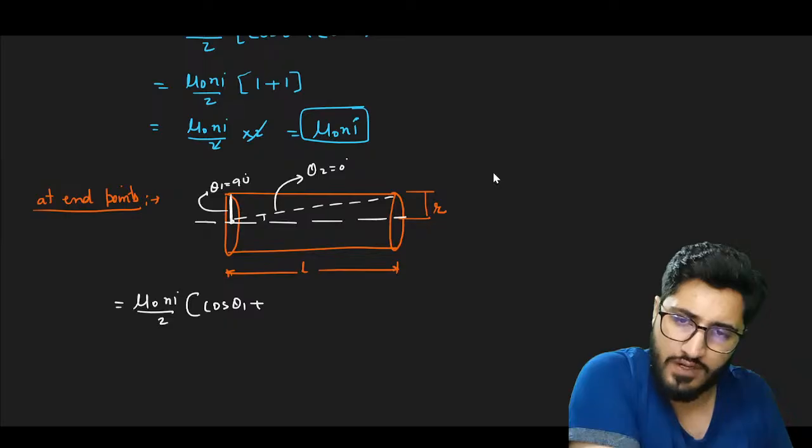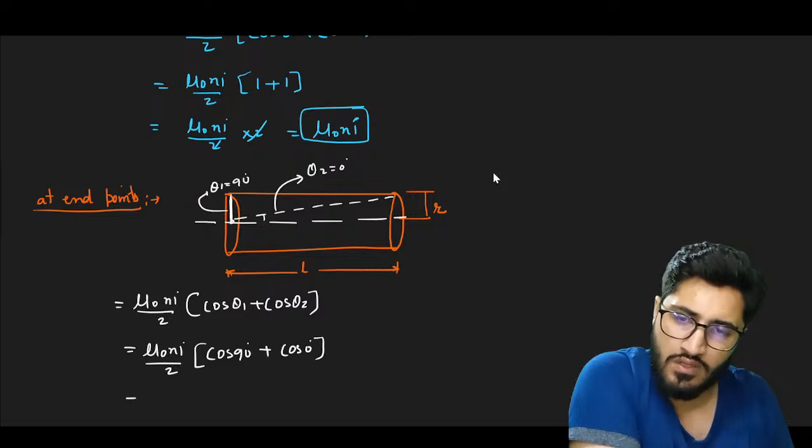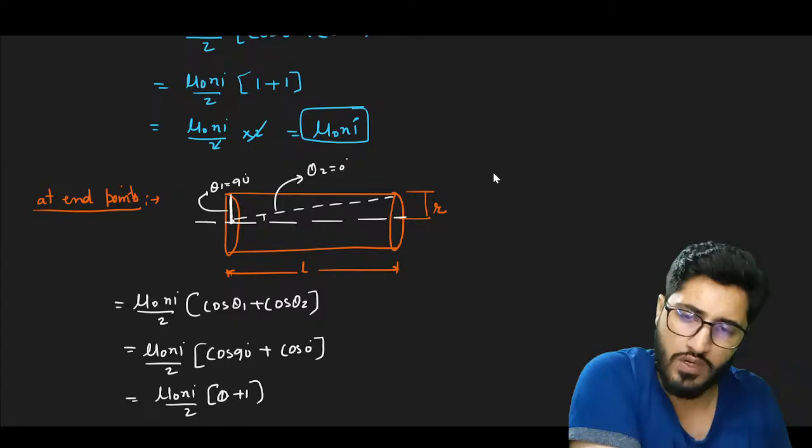cos theta 1 plus cos theta 2. It is nu naught Ni by 2 into cos 90 plus cos 0, and cos 0 is 1. It is nu naught Ni by 2 into 0 plus 1.